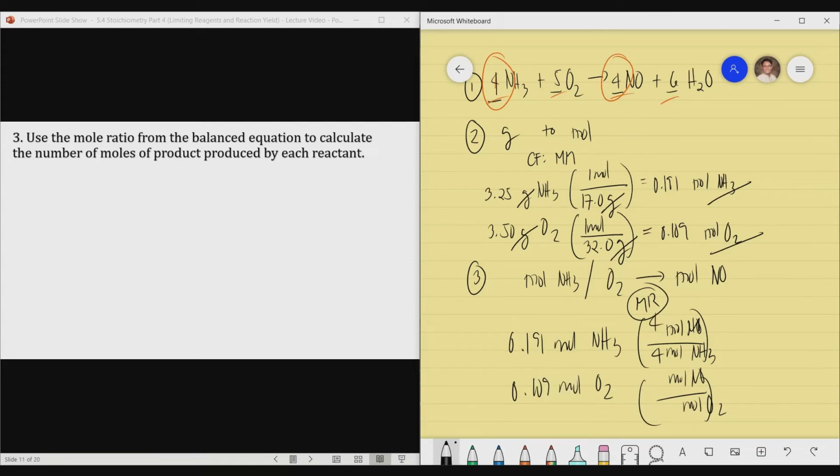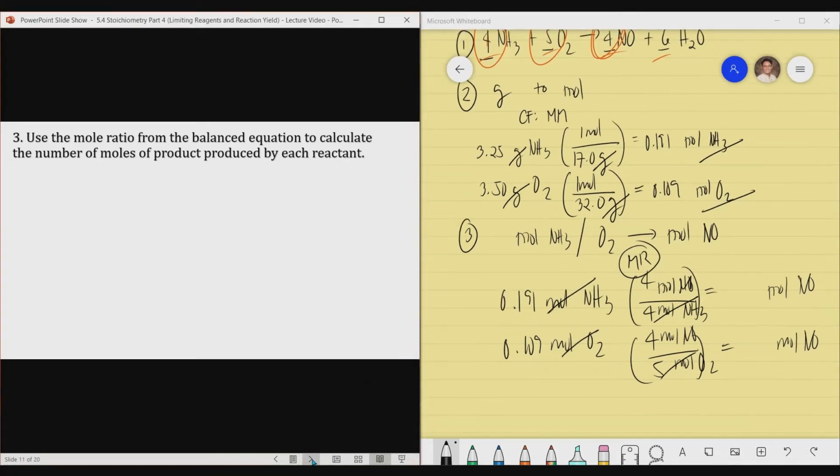Okay? So, how about O2? Ang O2 ay ito. 5 ang kanyang numerical coefficient. So, I'll be writing 5 here. And then for NO, that's 4, so I'll be writing 4 here at the numerator. So canceling units, I will now have mole of nitrogen monoxide as the one being required.